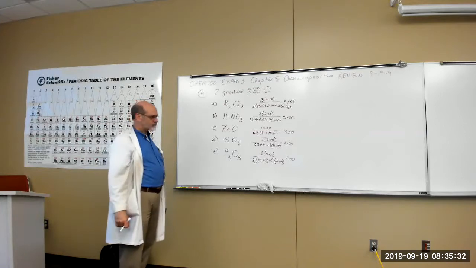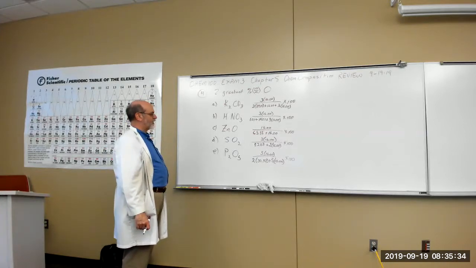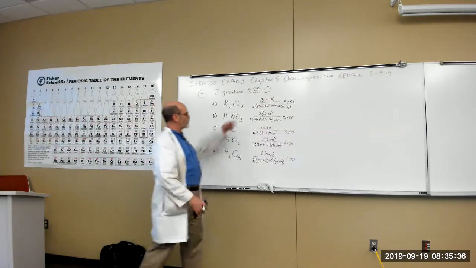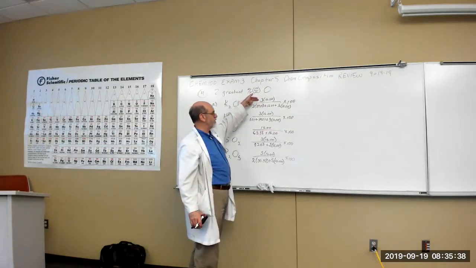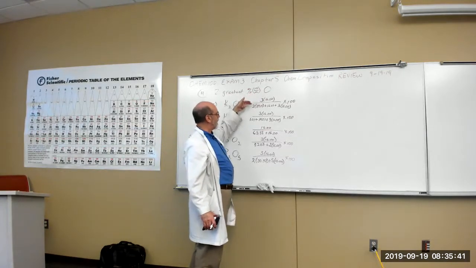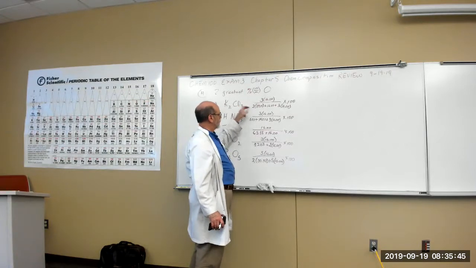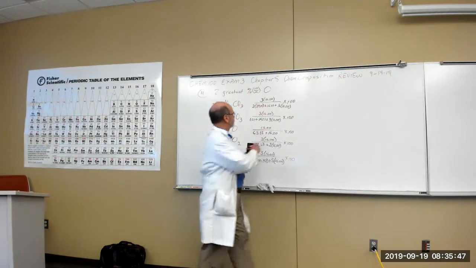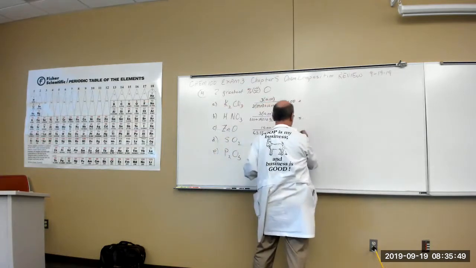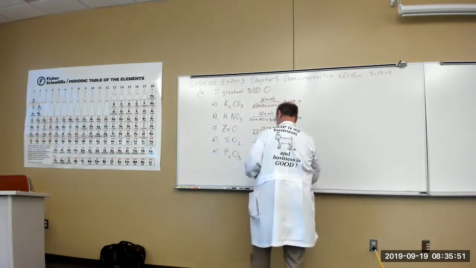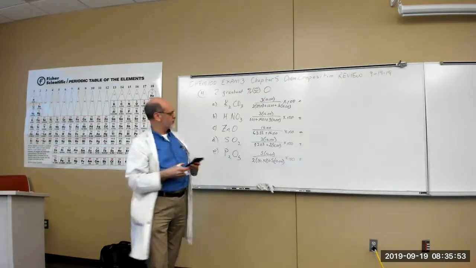Okay? There's your pattern. The one you're interested in, every one that you have, divided by everything in the compound, all the elements. That's the hard part. Now we just have to crunch numbers.